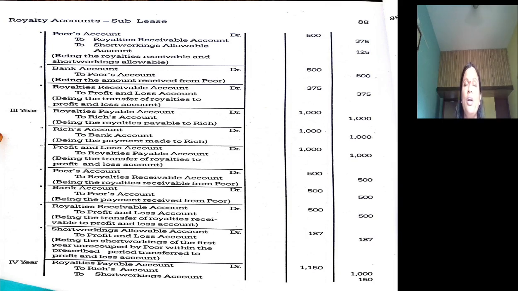A short working account entry comes only when there is short working, which arises only when minimum rent is more than the royalty, or when there is recoupment, which arises only when royalty is more than the minimum rent. But in the third year royalty is equal to minimum rent. Again I am not passing the other 3 entries because they relate to the sublease. We will discuss it later.